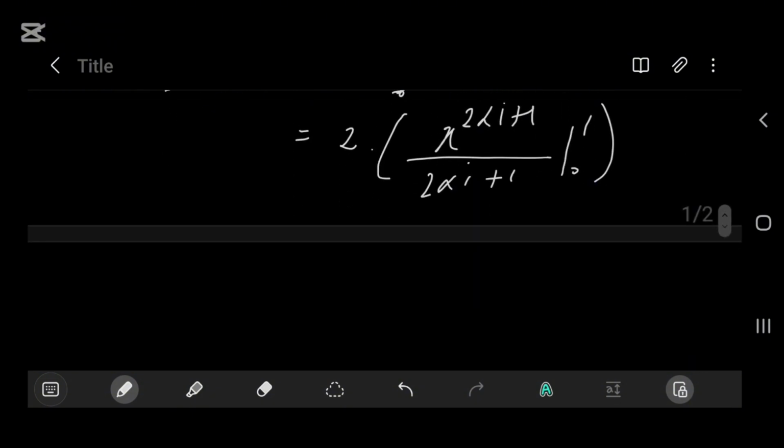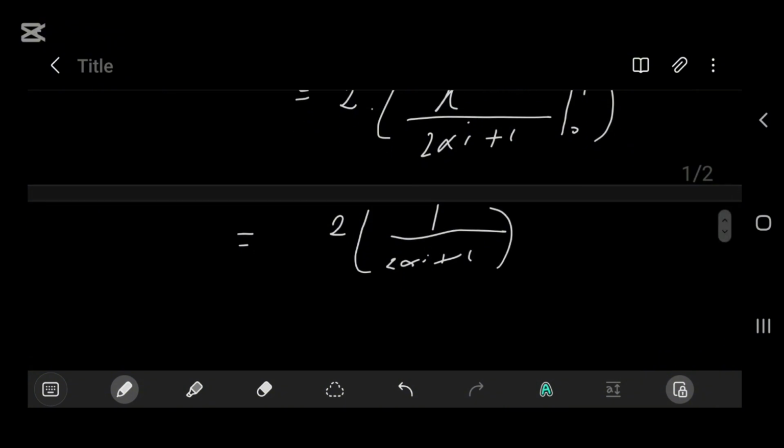Okay, so this becomes 2 times 1 over 2 alpha i plus 1. I can actually rearrange this, so we can see that the complex part is in the denominator, so why shall we not multiply it by its conjugate?